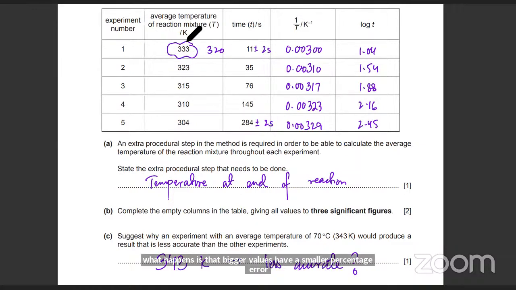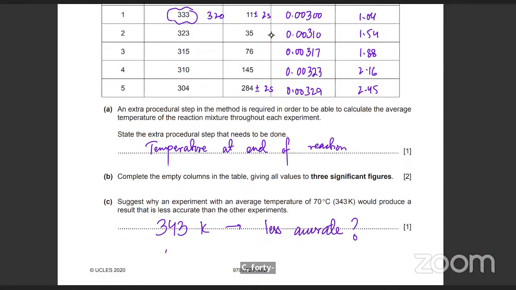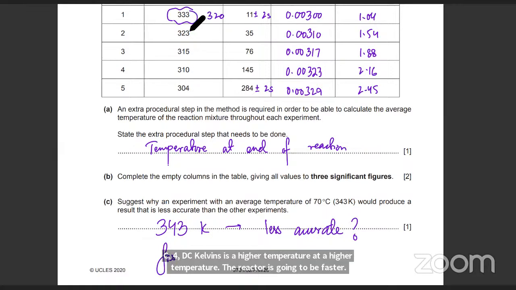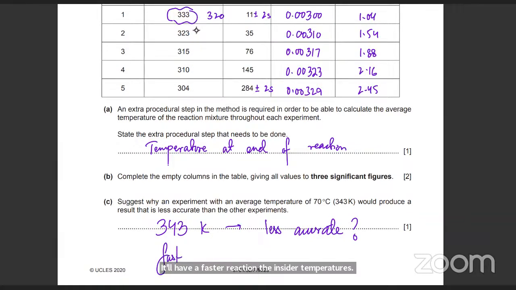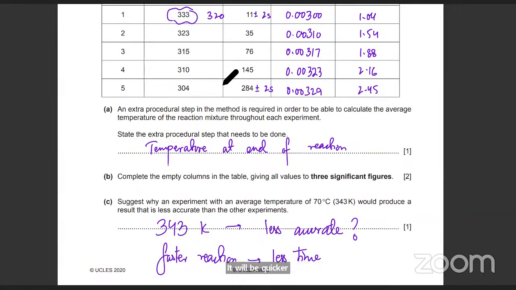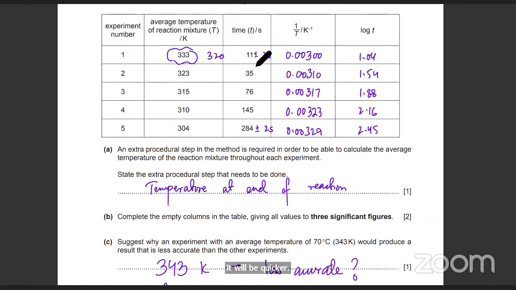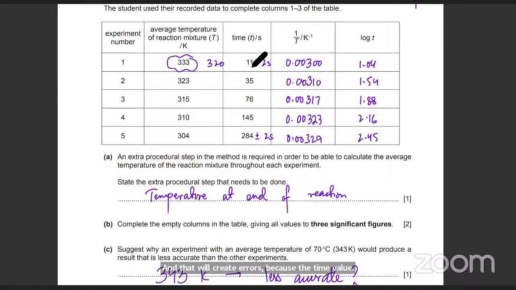343 Kelvins is a higher temperature. At a higher temperature, the reaction is going to be faster. You'll get a faster reaction, so it will be quicker. And that will create errors, because even measuring 11 seconds is going to be less accurate.